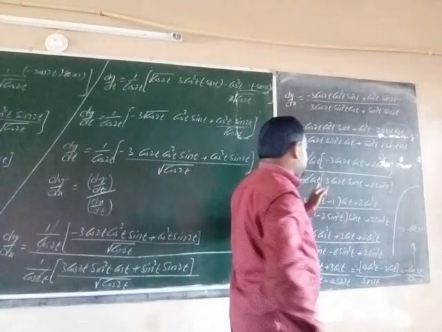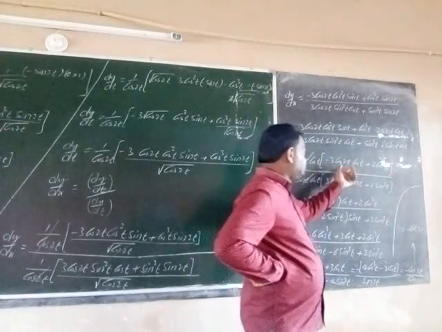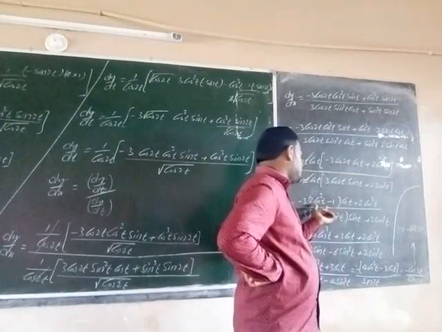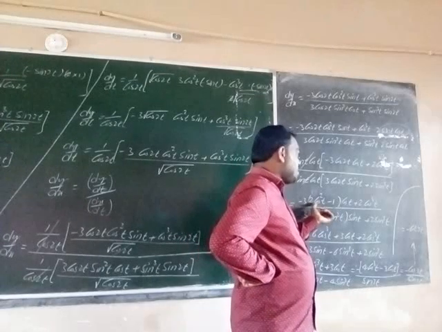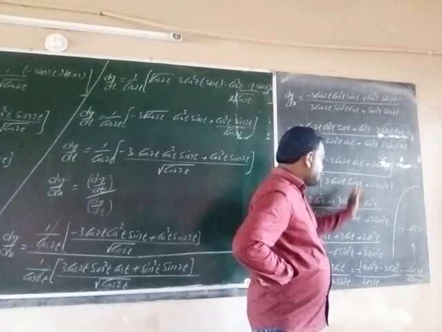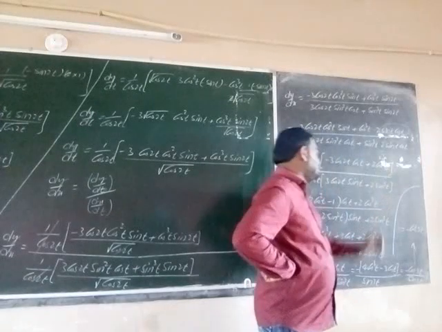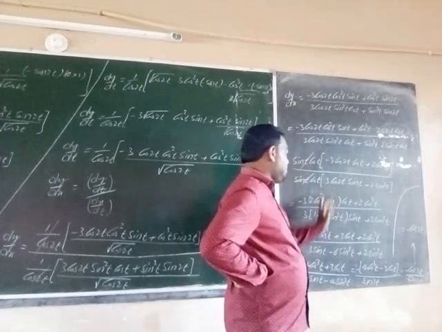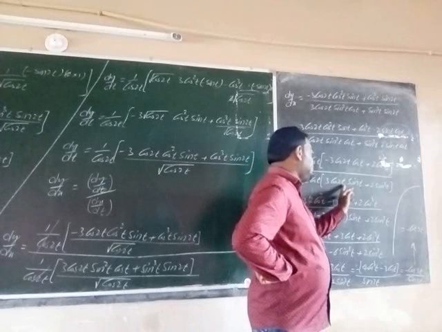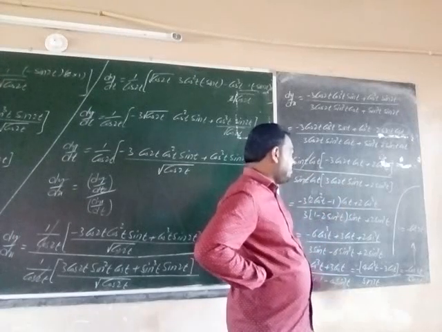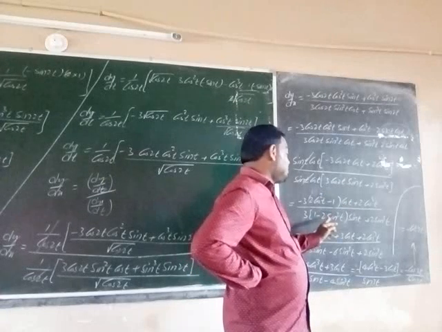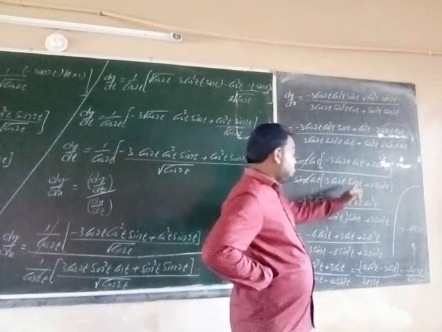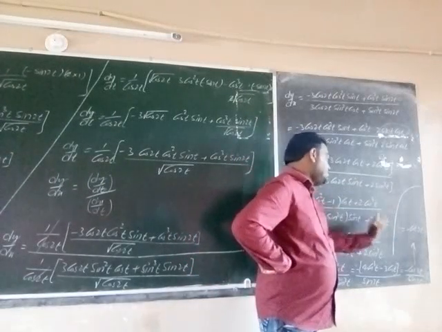So in the numerator, I have written cos 2 theta in terms of cos: minus 3 into 2 cos square t minus 1, cos t as it is, plus 2 cos cube t also as it is. In the denominator, 3 into cos 2t, I have written in terms of sin, so 1 minus 2 sin square t, sin t as it is, plus 2 sin cube t.